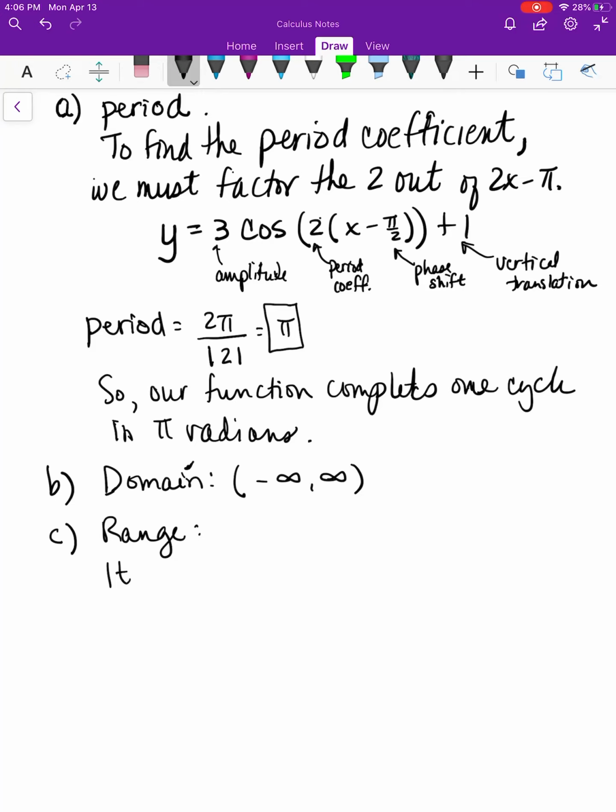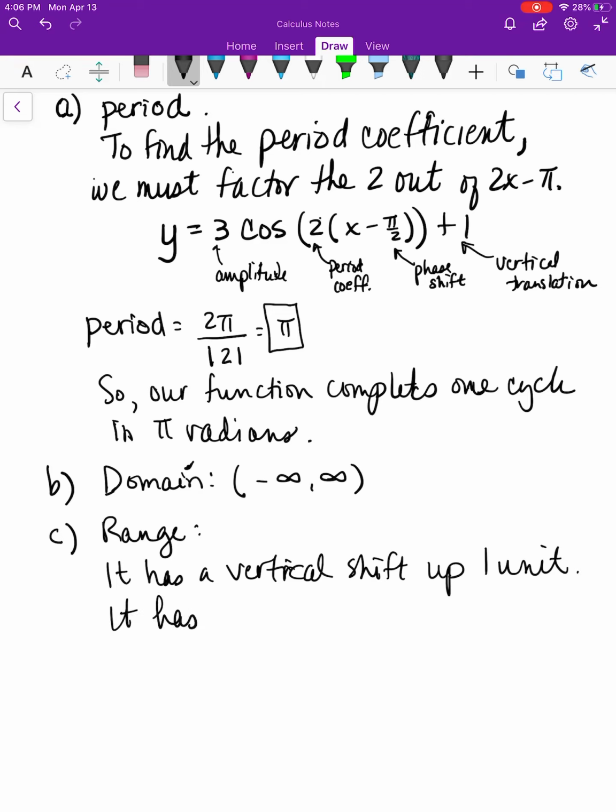The next thing we're going to find is the range of the function. So to find the range, you have to look at what numbers it goes to. So it has a vertical shift up 1 unit.